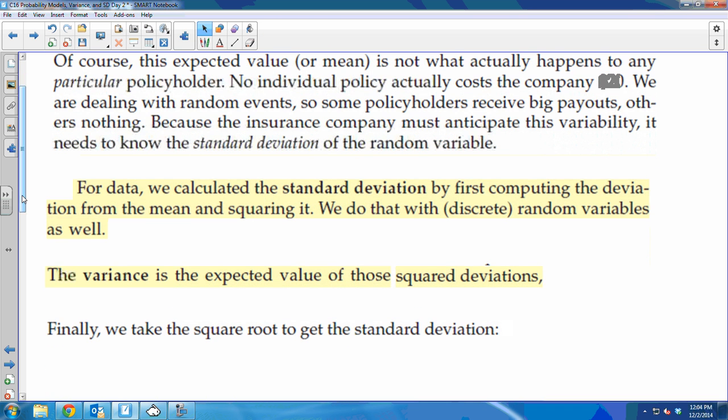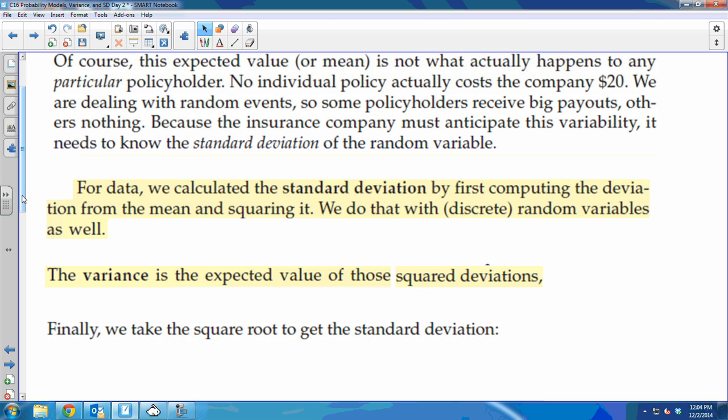So again, it says no individual policy actually costs the company $20. We are dealing with random events, so some policyholders receive big payouts and others receive nothing. That's how insurance works. Because the insurance company must anticipate this variability, it needs to know the standard deviation of the random variable. For data, we find the standard deviation by first computing the deviations from the mean and squaring them.